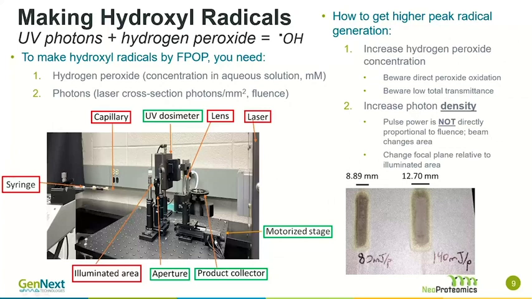That's where this motorized stage and this aperture come in handy. With the motorized stage, you can move the lens and therefore adjust the relative position of the capillary to the focal plane, which allows you to pretty easily and directly adjust your fluence and change the concentration of hydroxyl radicals you're making, without having to fool with the amount of hydrogen peroxide that you have.